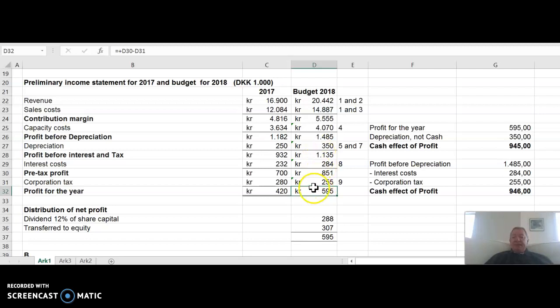Therefore this 595 is not our cash profit. We have to add back the 350 because it has been deducted.